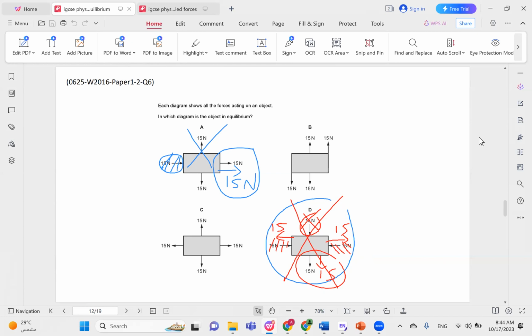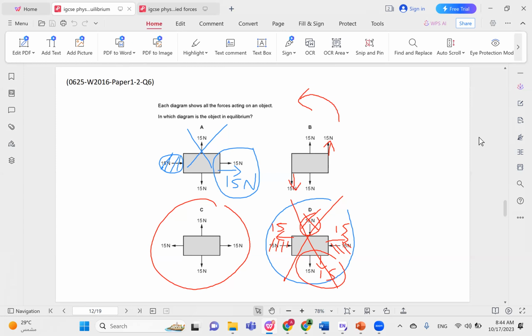Which of these is correct? The correct choice here is choice C. And the reason is that choice B balances out in terms of forces, but does not balance in terms of moments. In case you have not taken moments yet, then wait until you do. If you've taken moments, then you should know that this force here, coupled with this force there, are going to have a turning effect on the object in the anti-clockwise direction.